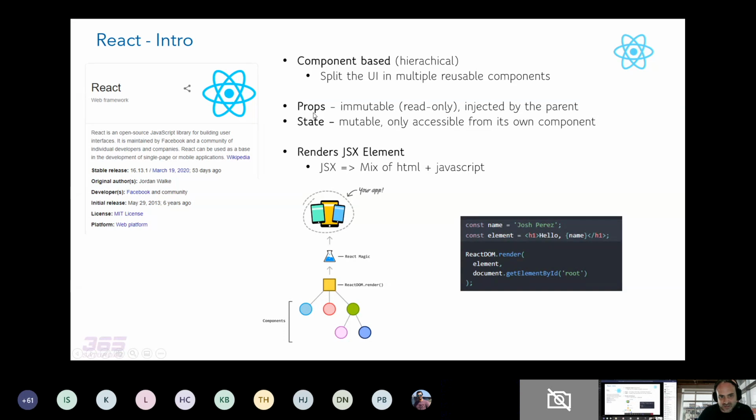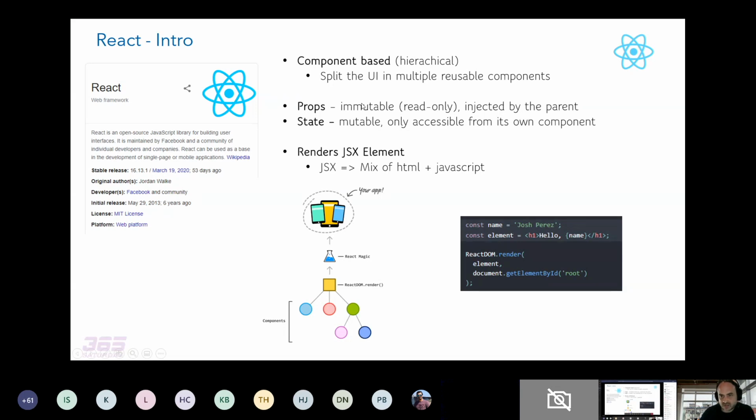There are two big concepts that we need to understand in the React world. The first is the concept of props, for properties. These will be like your input properties. It's the thing that you will inject in a particular control, and these properties, once injected, are immutable.